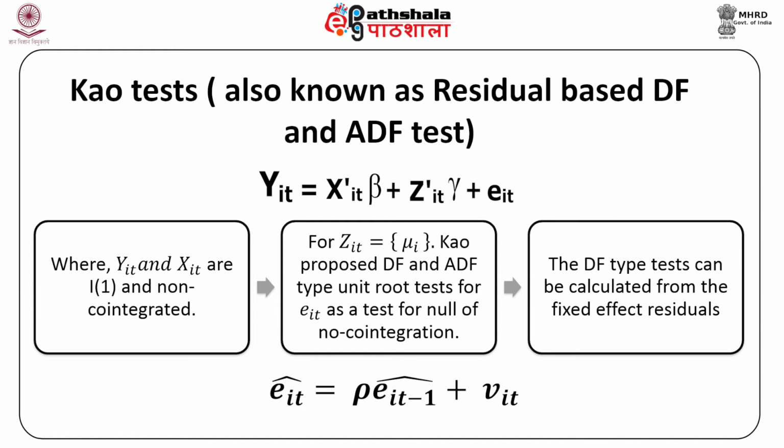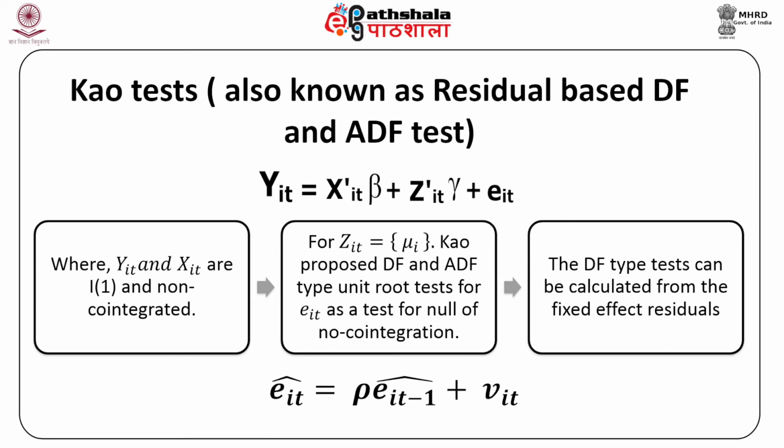The Dickey-Fuller type test can be calculated from the fixed effect residuals: ê_it = ρ ê_it-1 + v_it, where ê_it = Ỹ_it − X̃_it β̂ and Ỹ_it = Y_it − Ȳ_i.